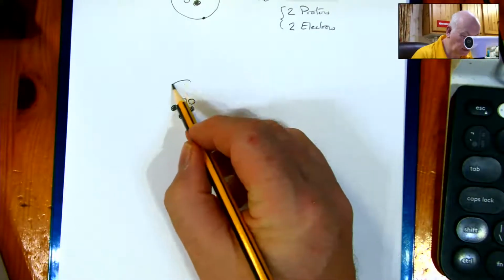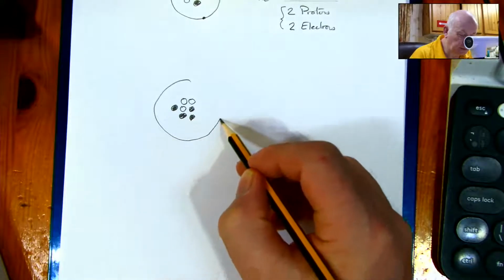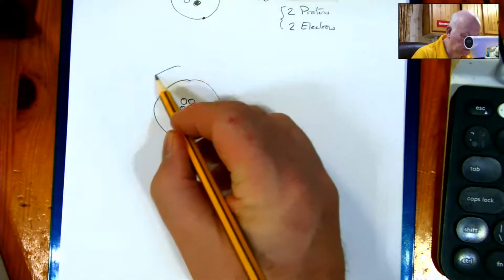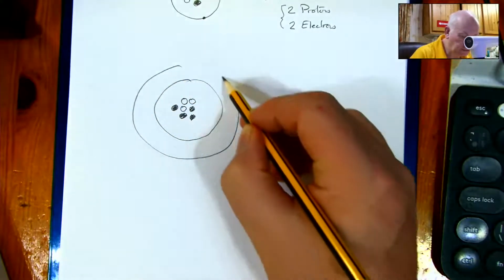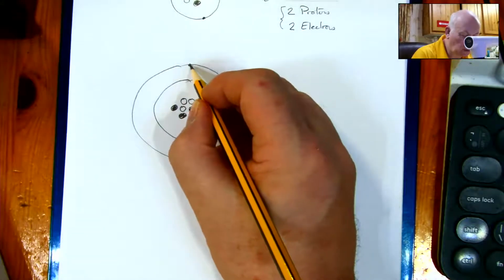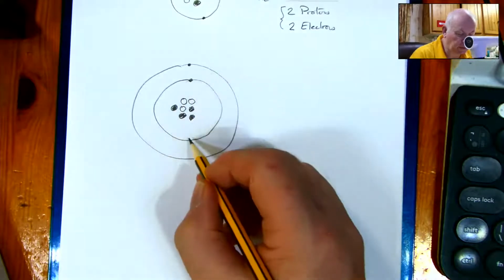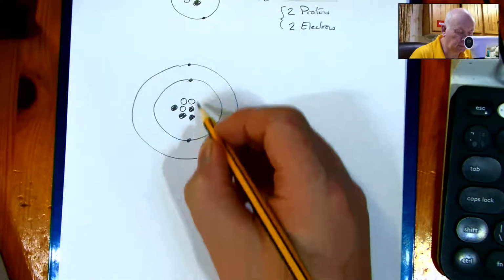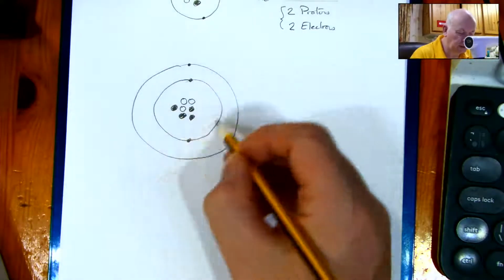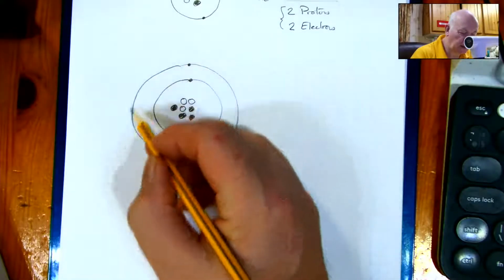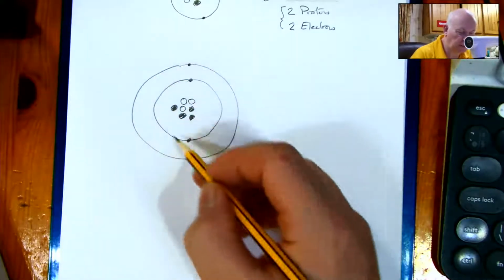And going around this will be 2 shells. In the first shell, we've got 1 electron, in the outside shell, 1 electron, in the inside shell, 2 electrons. This is the helium structure, and there we've got the structure of lithium.